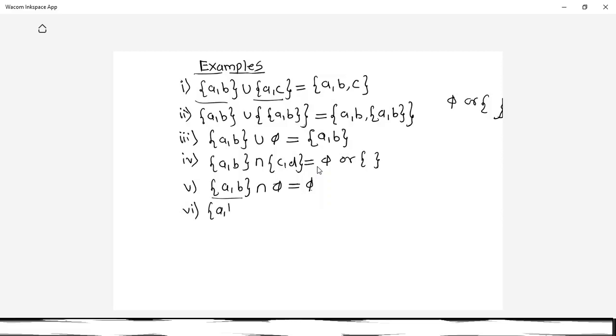Next, {A, B, C} minus {A}. Minus is the set difference operation. Set difference contains only the elements of the first set which are not in the second set. So the answer will be {B, C}.